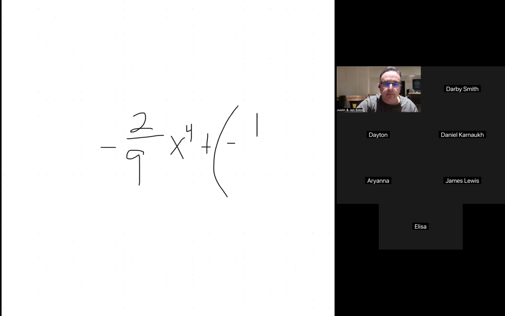I'm going to try with my trackpad again because this little pen is shaky. I'm redoing number 13.